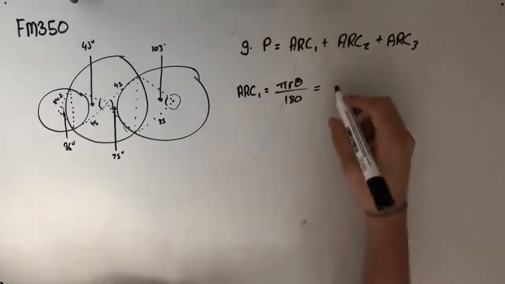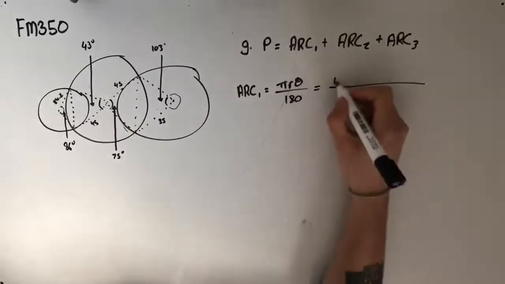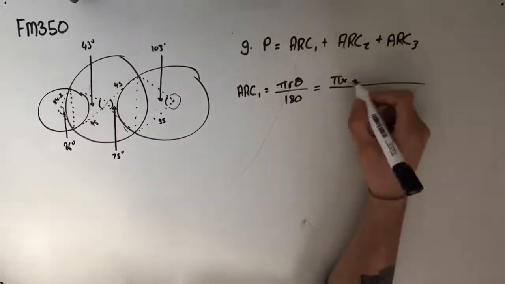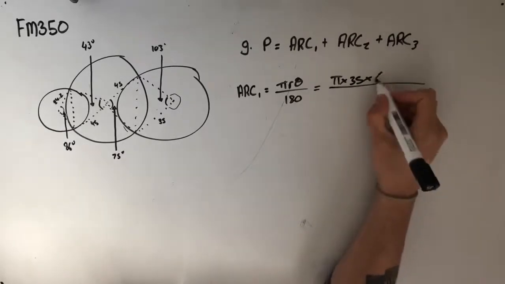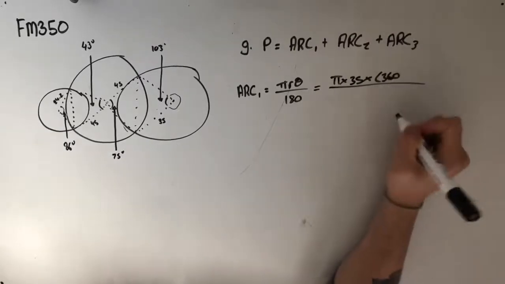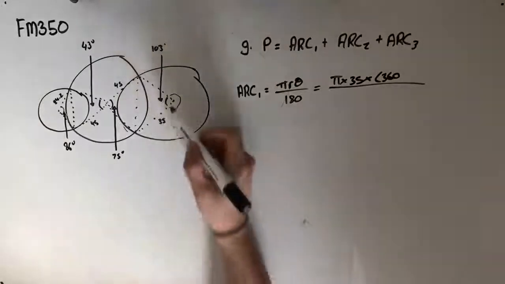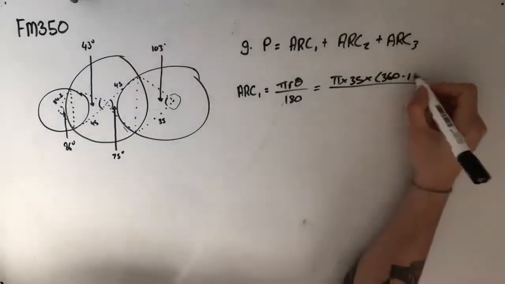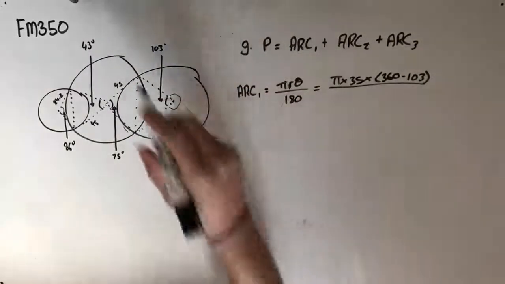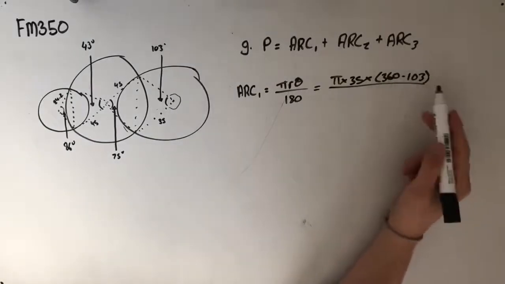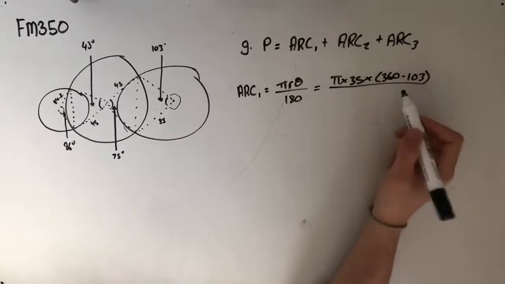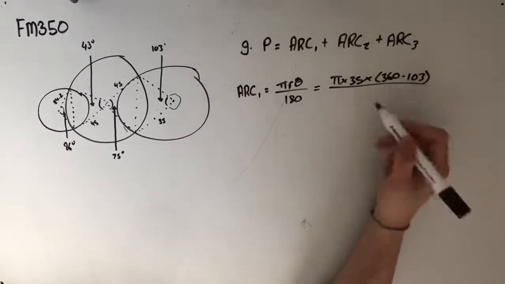So substituting our values in, pi times, we have a radius of 35. Now our angle, we're going to take 360, which would be the full circle, and subtract from that 103 to be left with whatever's left over. You can do this calculation if you want. You'll get an answer of 257, but it's not entirely necessary to do that just yet.